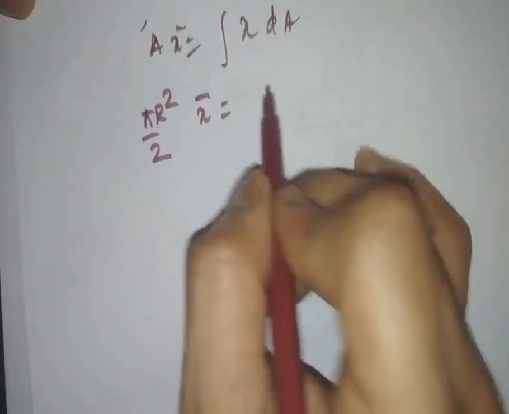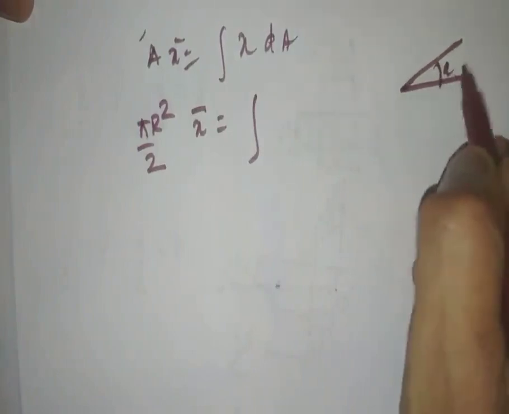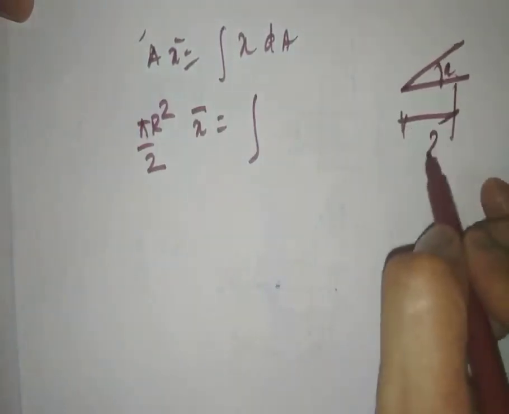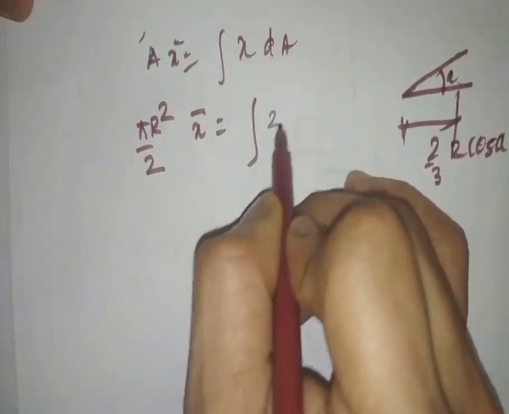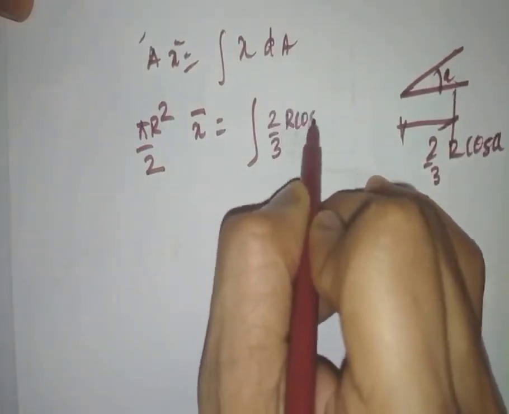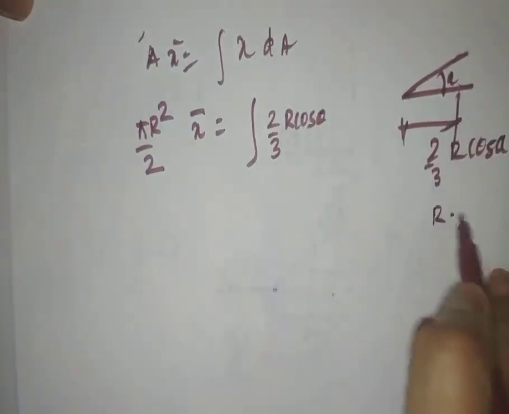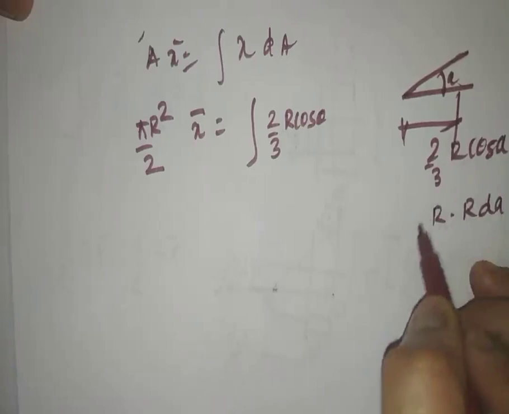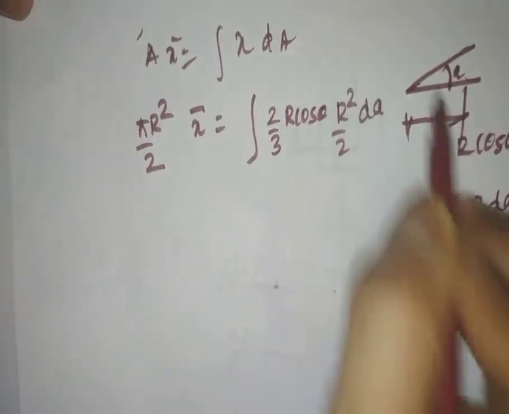X bar is equal to integration x, as mentioned earlier, it makes an angle of theta. The centroid distance will be 2/3 of r cos theta. The same x will be considered as 2/3 of r cos theta. And the area of the triangular section, r into r d theta, that is nothing but the curvature length, so this is r square by 2 d theta.